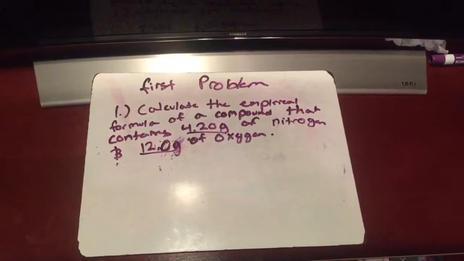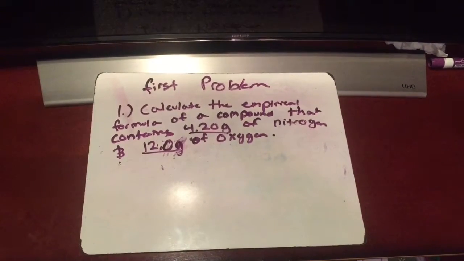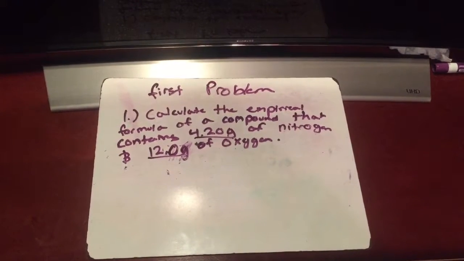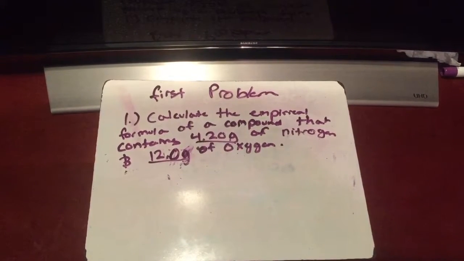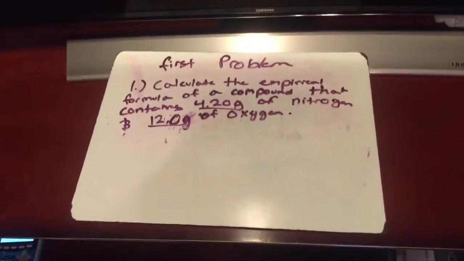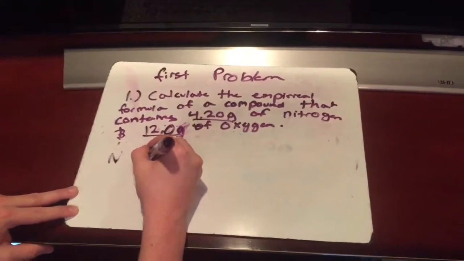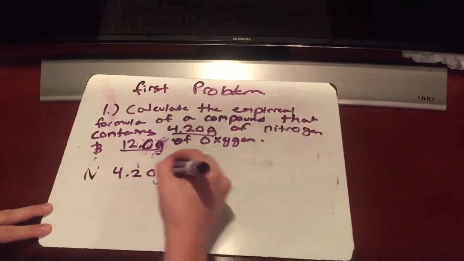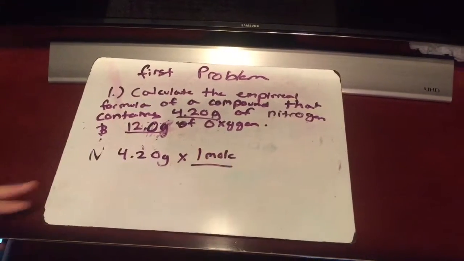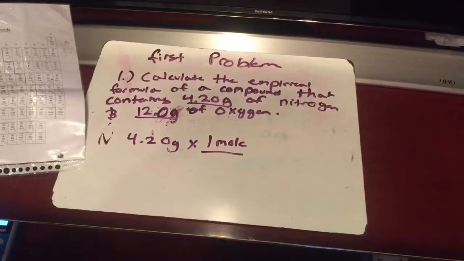Okay, so the first problem says to calculate the empirical formula of the compound that contains 4.20 grams of nitrogen and 12.0 grams of oxygen. To solve this, the first step would be to take your nitrogen. So you take 4.20 grams times 1 mole over the average mass, which you can find on your periodic table.